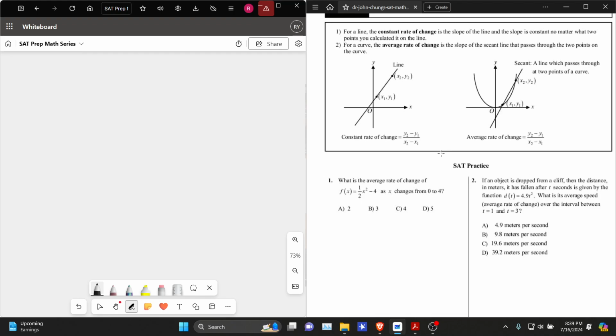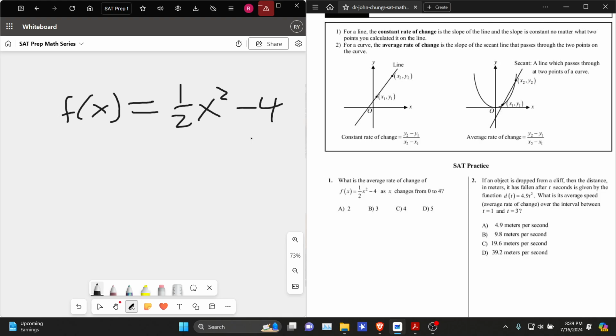So let's look at question 1. What is the average rate of change of f(x) = 1/2 x squared minus 4 as x changes from 0 to 4?